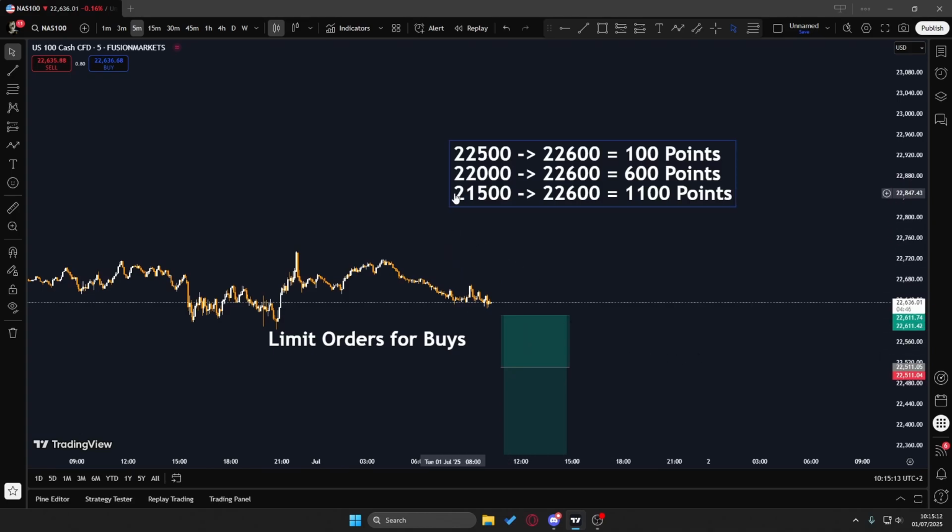So we take 21,000 or 22,000 for the easy math down to 15,000. That's 7,000 points of difference. You multiply 7,000 points by your lot size to get, in this case, here we have $75, then $70, and then $65.